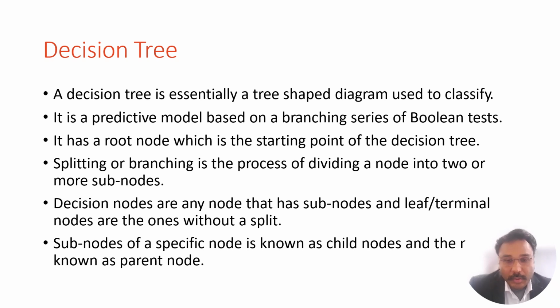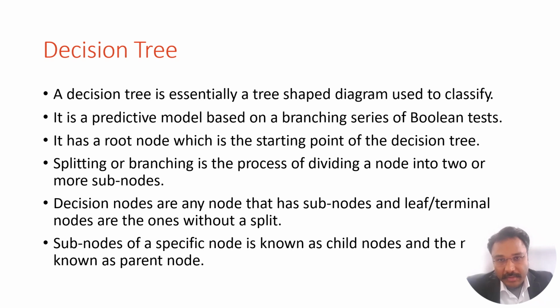Then the data is split into branches, which we call child nodes, based on certain conditions. Each split creates new nodes, and the process continues until it reaches the final decision, which is also known as a leaf node. It's just like a tree. Think of a tree starting from the root, going through the trunk, then the branches, to the end of the leaves.